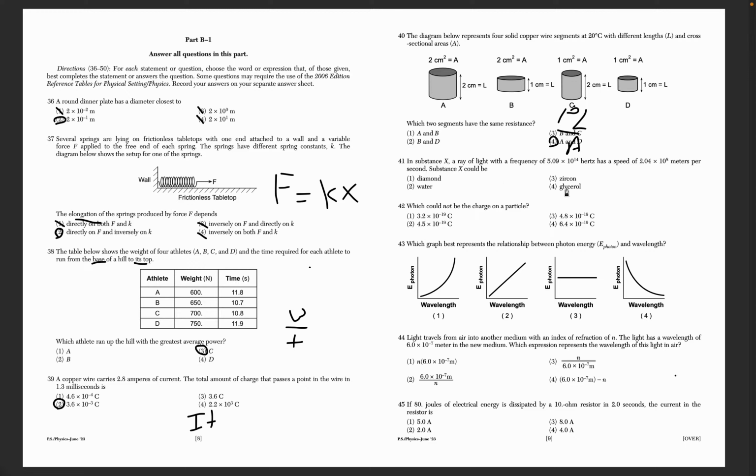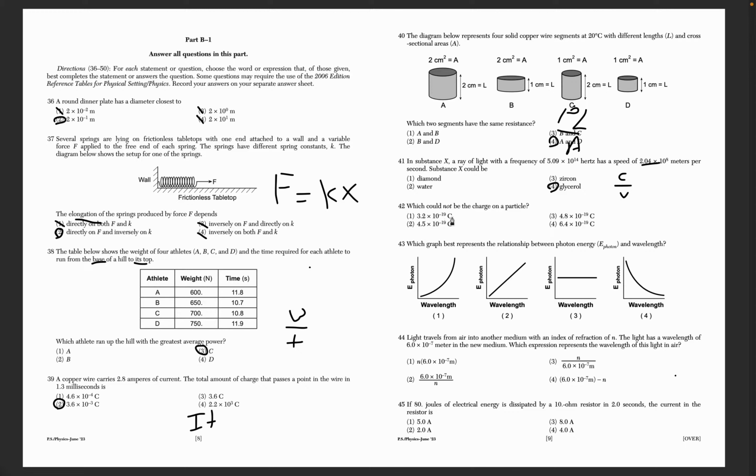All we have to do is n, the index of refraction, is equal to c over v, which means the speed of light is 3.0 times 10 to the 8th meters per second divided by this value, and you should get, let's see, you should get glycerol.